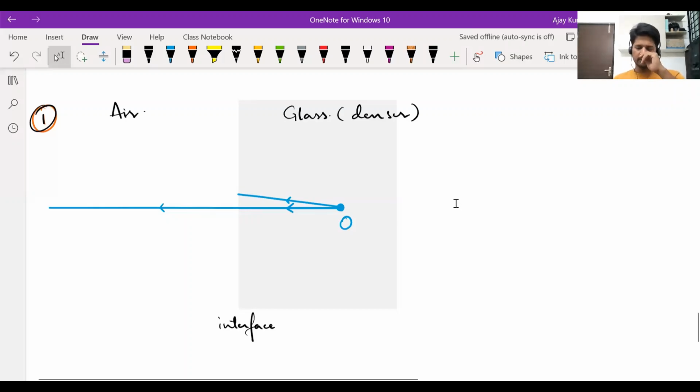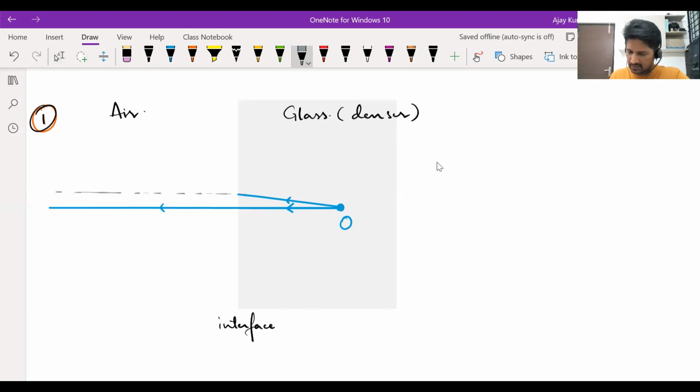Isha, when light enters from denser medium to rarer medium, what happens? Can you repeat? When a light ray enters from a denser medium to a rarer medium, how does it bend? Towards the normal or away from the normal? Away from the normal. Denser to rarer, it bends away from the normal. So let's first visualize the normal drawn at this point to the glass surface or air-glass interface.